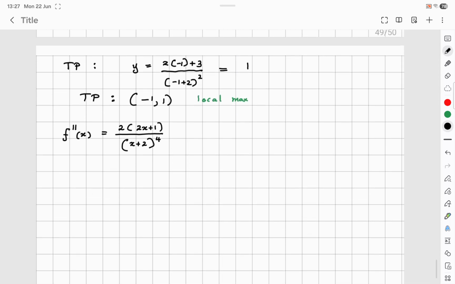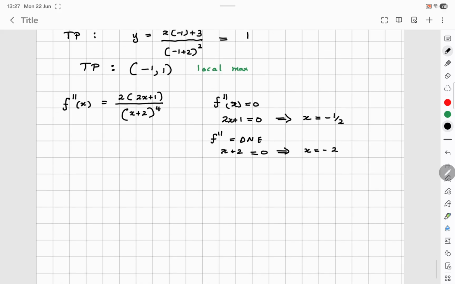So then I have to find what? Critical numbers of the second derivative. So f double dash equals 0. That gives me 2x plus 1 equals 0. The numerator has to be equal to 0, x equals minus half. And f double dash does not exist when x plus 2 equals 0, so x equals -2, right?